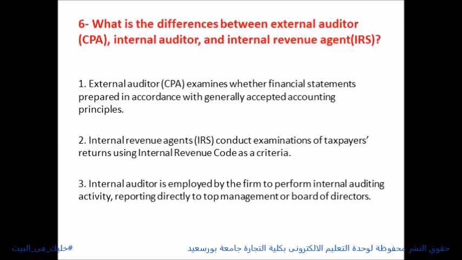Internal revenue agents, IRS, conduct examinations of taxpayers' returns using the Internal Revenue Code as criteria. Number 3. Internal auditor. An internal auditor is employed by the firm to perform internal auditing activities, reporting directly to top management or the board of directors.